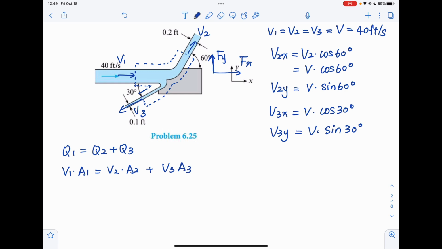Because we know V1 equals V2 equals V3, we can simplify the equation: V times A1, which is W1 times B1, equals V times W2 times B2 plus V times W3 times B3.